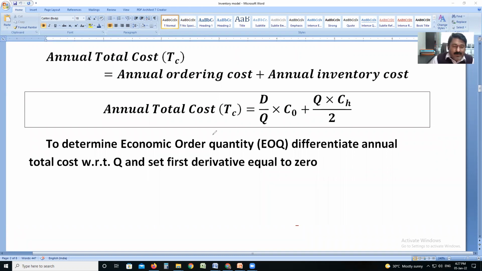So here you can see, d by dQ of TC: D by Q into CO, 1 upon Q in terms of Q, it is minus 1 upon Q square, and Q into CH by 2, Q derivative will be 1, it will be only CH by 2. So these are the different terms.